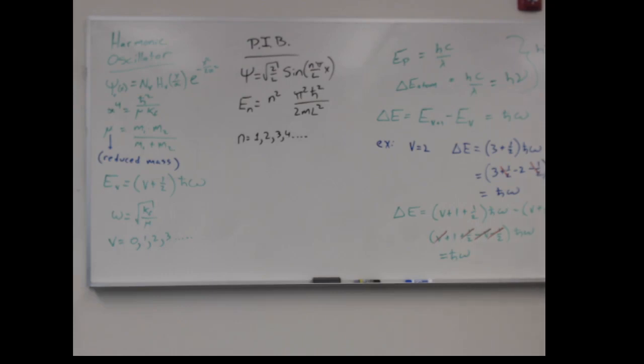The definition of h bar, I think I mentioned the first day. So this is going to be h nu equals h over 2 pi square root of kf over reduced mass. And we can cancel out the h, and this gives us a way to relate the vibrational frequency to things like the force constant and the reduced mass.